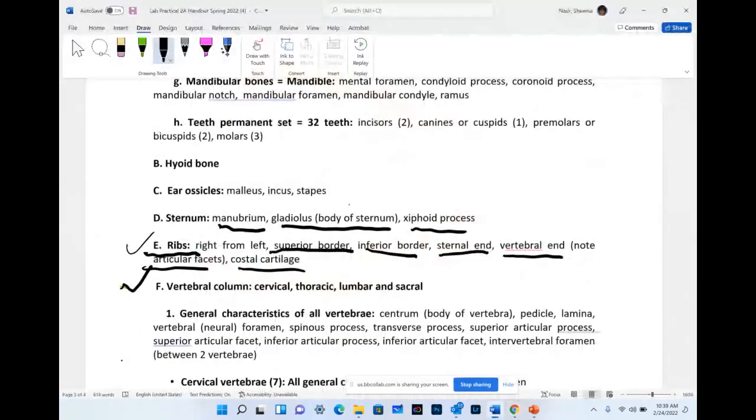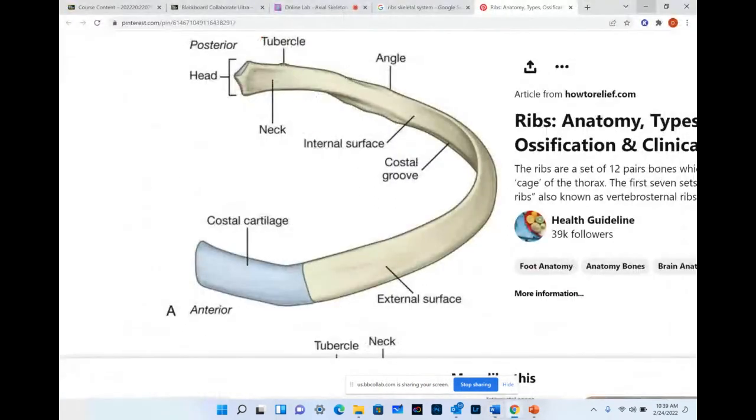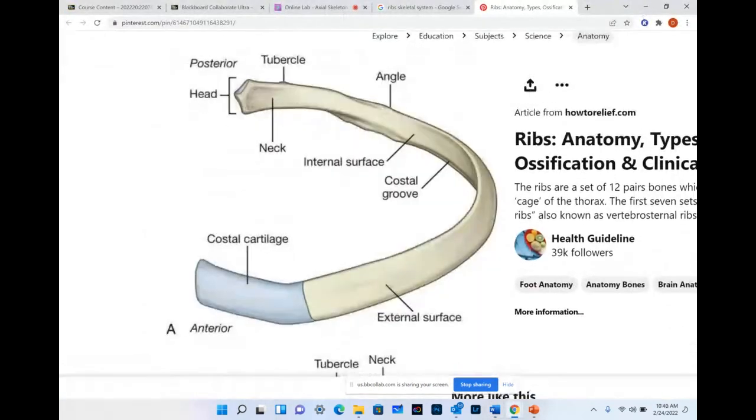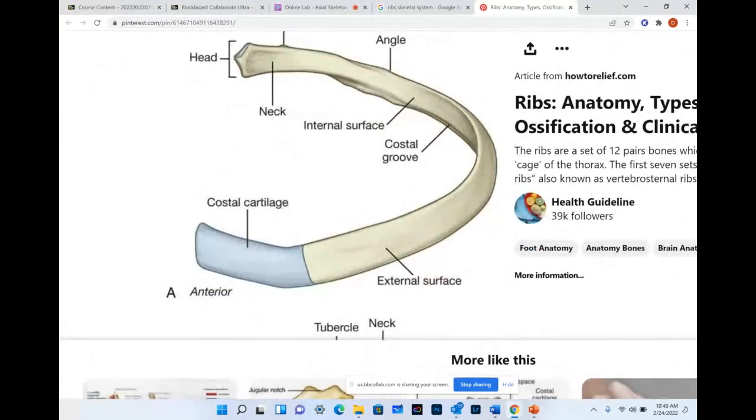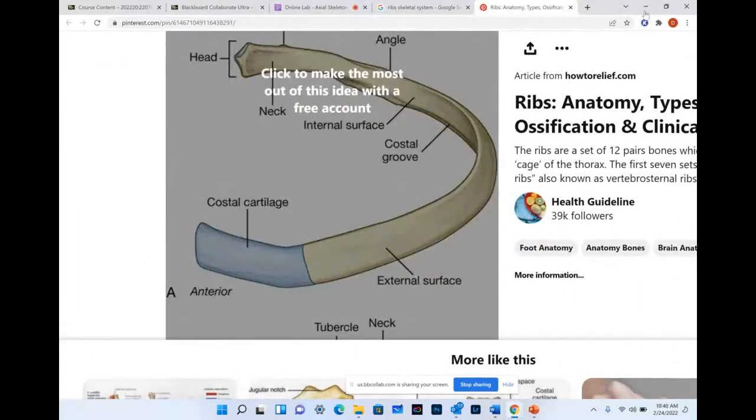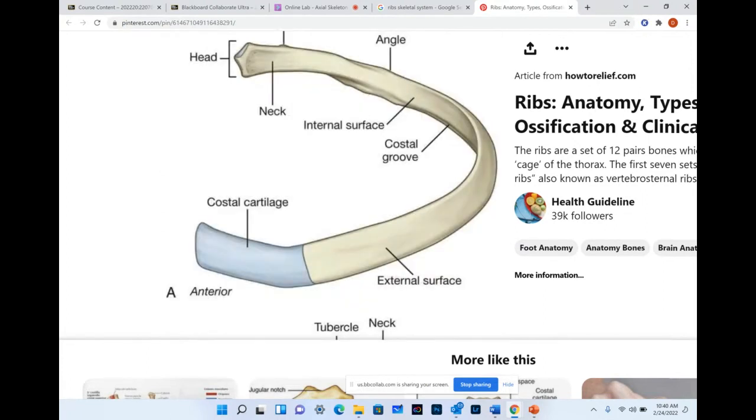So what was our superior and inferior border, sternal and vertebral end? Okay, follow my little hand. You see this? This is the sternal end because it is attached to the sternum through the costal cartilage. Do you understand?